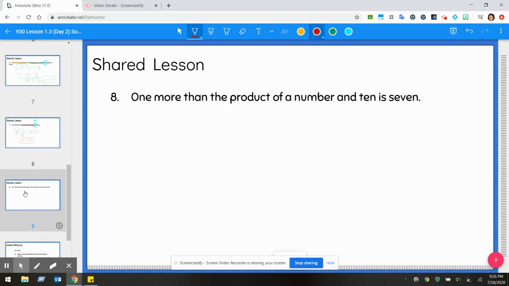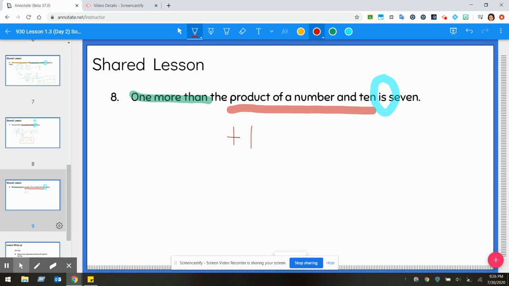Okay. Last example, I'm going to go ahead and move on to the next slide for our last example, number 8. 1 more than the product of a number and 10 is 7. So going through and writing this out, I have 1 more than, the product is multiplication, right?